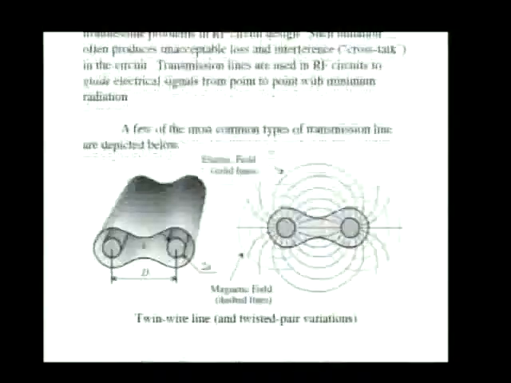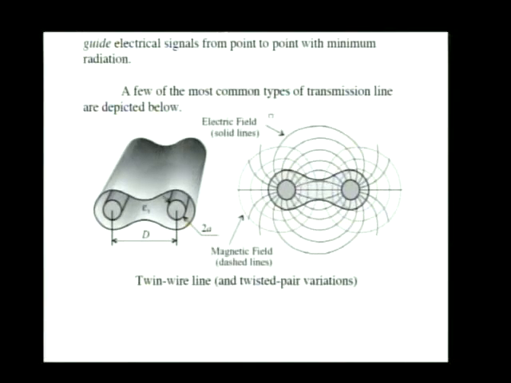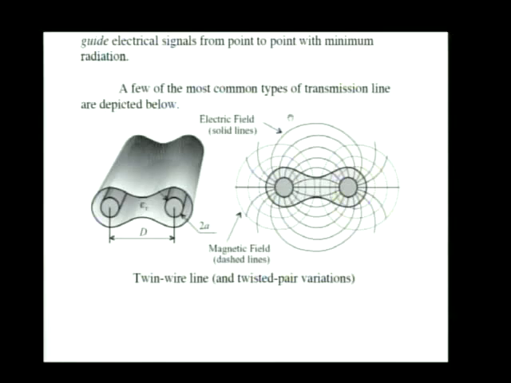The most common type of transmission line in use is the twin wire pair, the 2-wire pair transmission line.